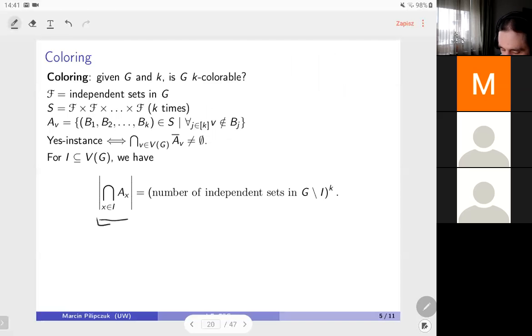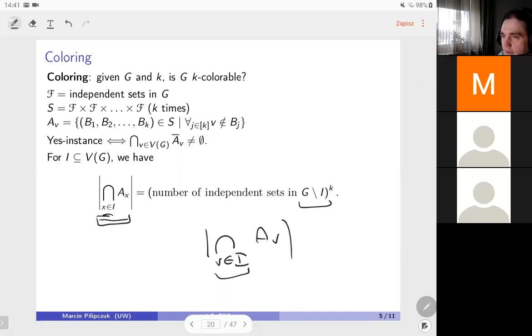There will be these terms that are the intersection over V inside some I of A_V, which I just rewrote with vertex V. These are all tuples of independent sets in the graph that don't color anybody from I. So these are really independent sets in the graph G minus I. These are tuples of independent sets that don't contain anybody from I, so that this tuple of K elements will not color anybody from the set I.